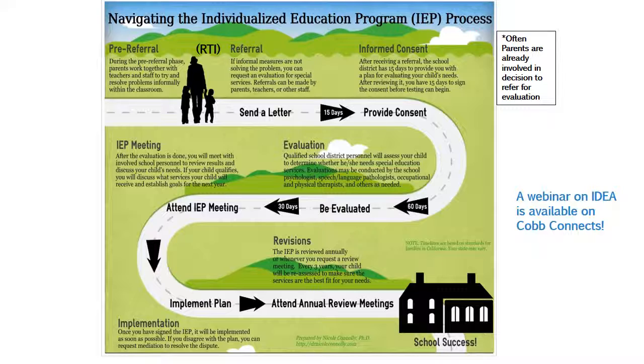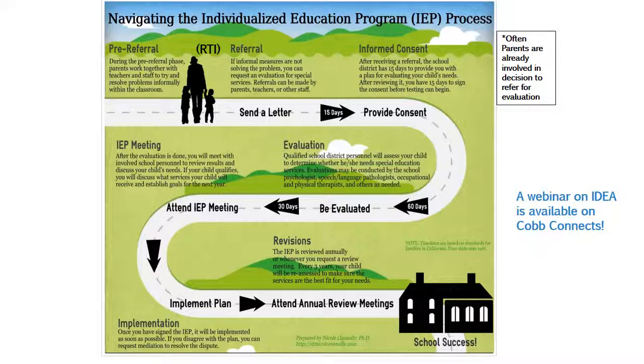There's a logical progression as a student is identified as having a possible problem, speech and language problem it could be, or others, and then how the student goes through a pre-referral process where they receive some interventions, and then after a certain point they are referred for special education, which does include speech and language, and then getting consent from the parent, then evaluating the student, and there's a timeline for that.